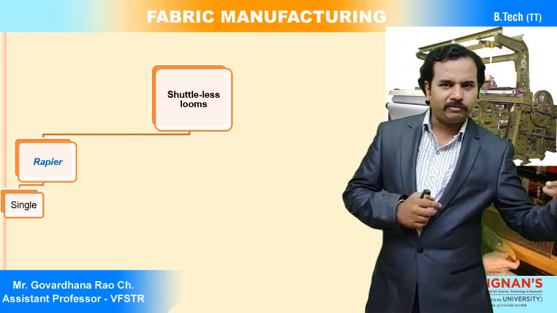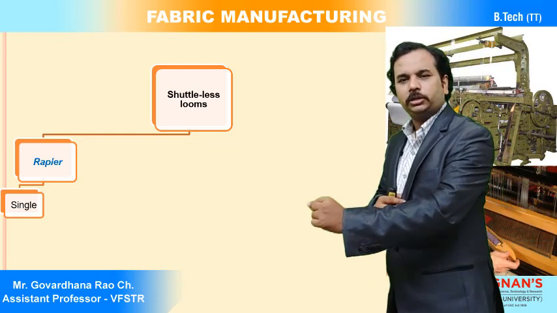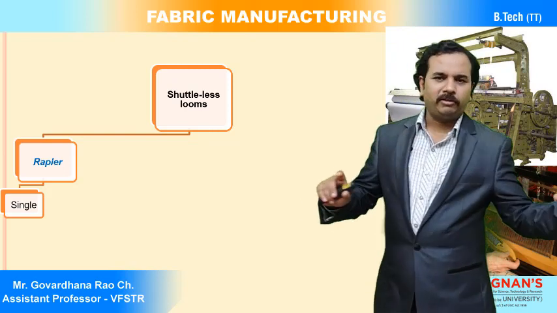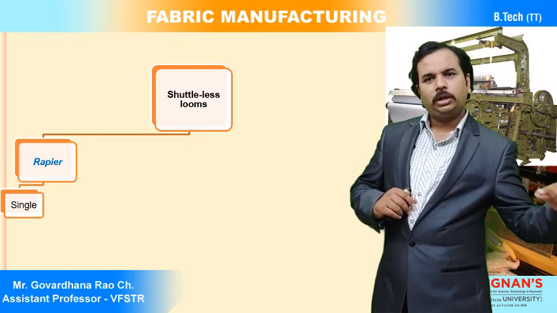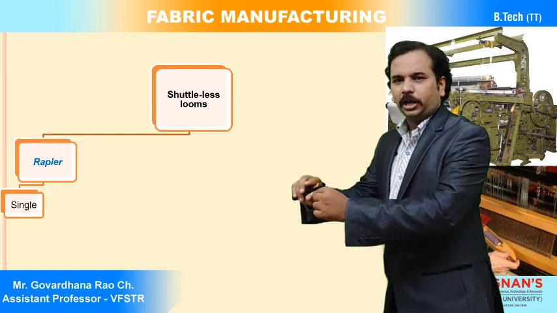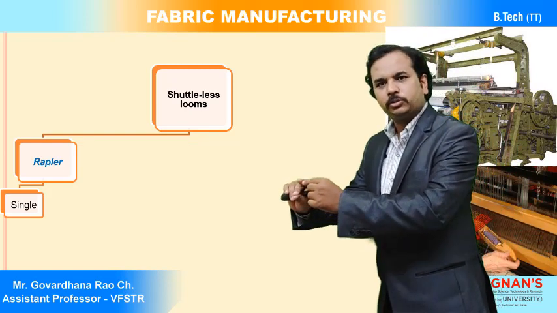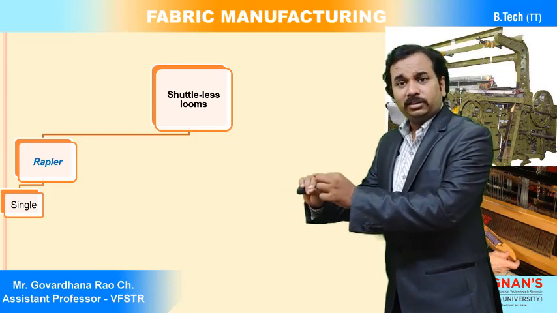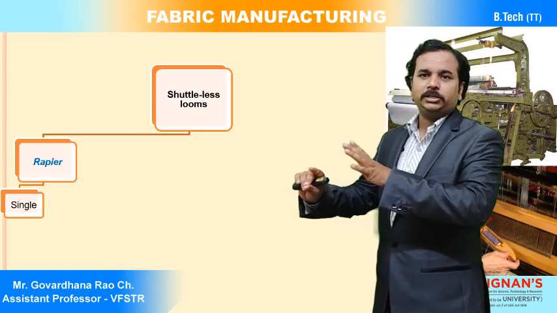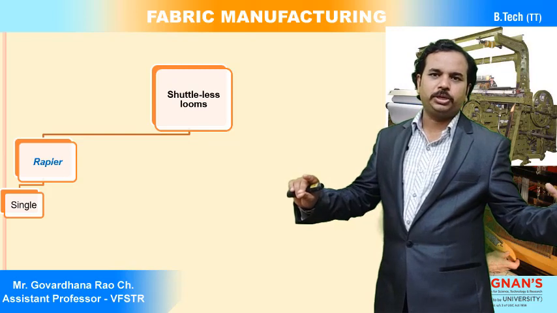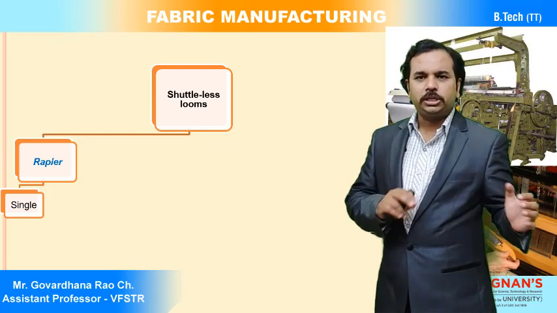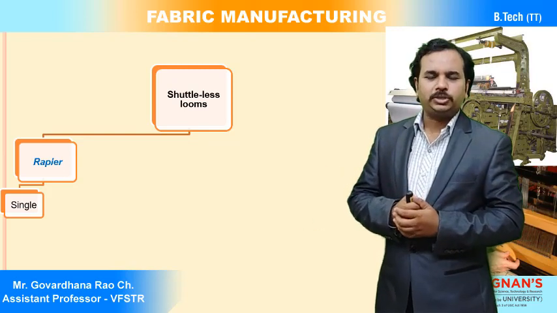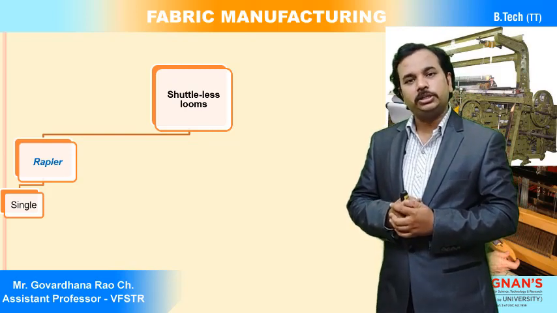Then again the weft yarn is held and inserted. At the other end there is a holder which holds the weft yarn, then the element releases it and comes back to its original position.